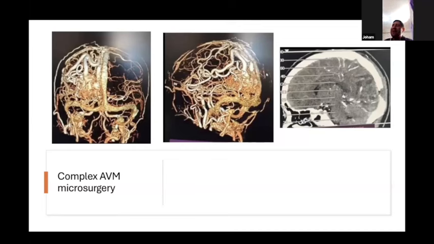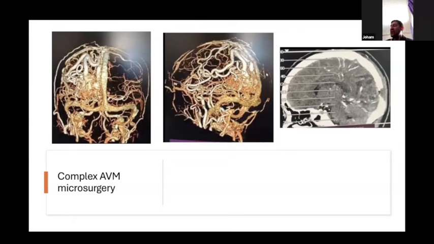But the next day, the patient had bleeding because the blood pressure was not well controlled and the patient was awakening. The intensive care people saw that the postoperative CT was okay, that the patient was okay, so they decided to wake this patient. And of course, the quick awakening made her bleed.